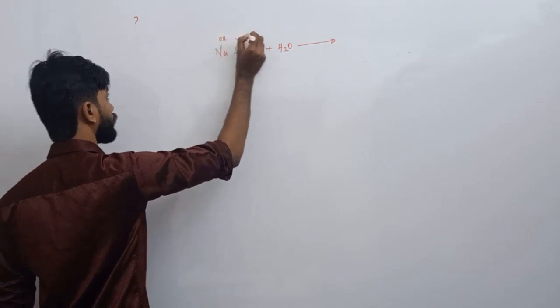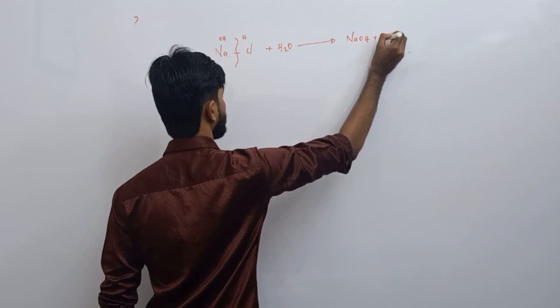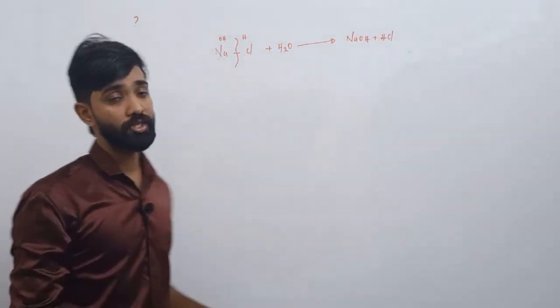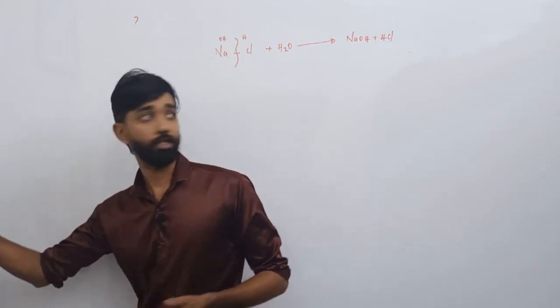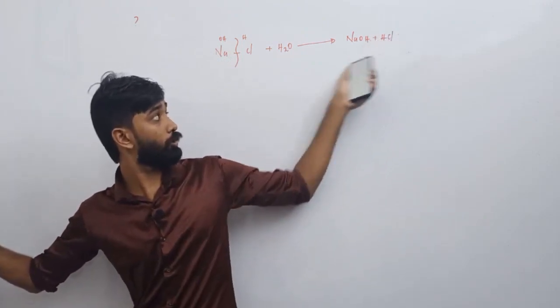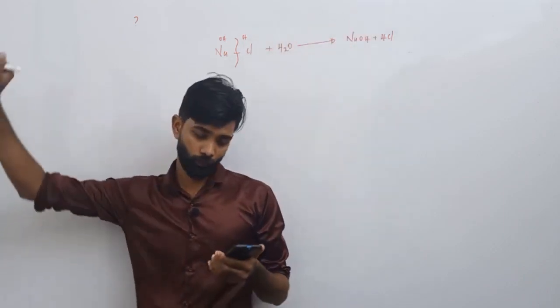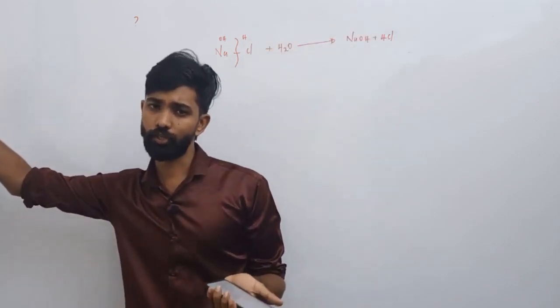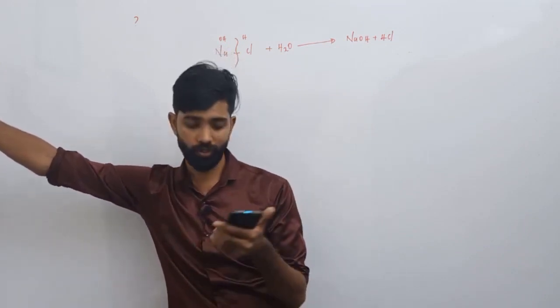Here OH, here H, so it will be NaOH plus HCl. So salt hydrolysis is nothing but a reverse neutralization. From here to here is neutralization, and the reverse is reverse neutralization. So neutralization is not a redox reaction, and reverse neutralization is also not a redox reaction.